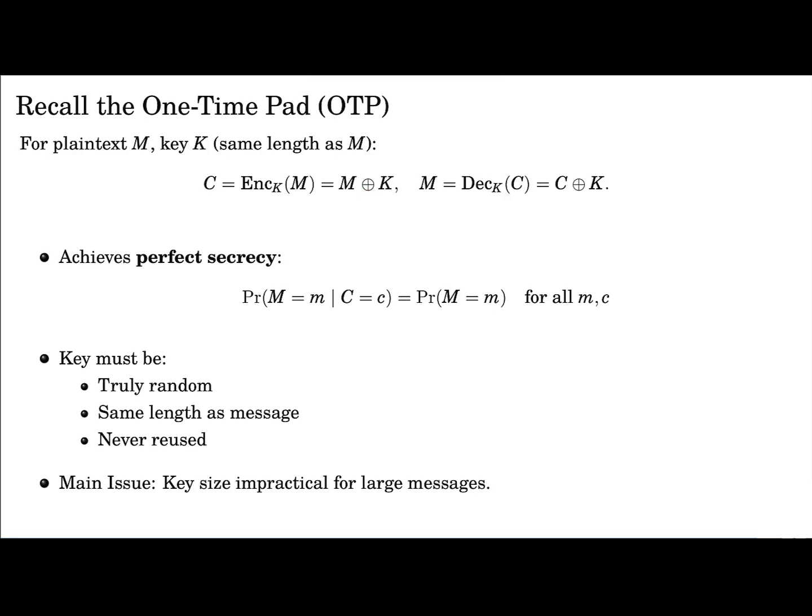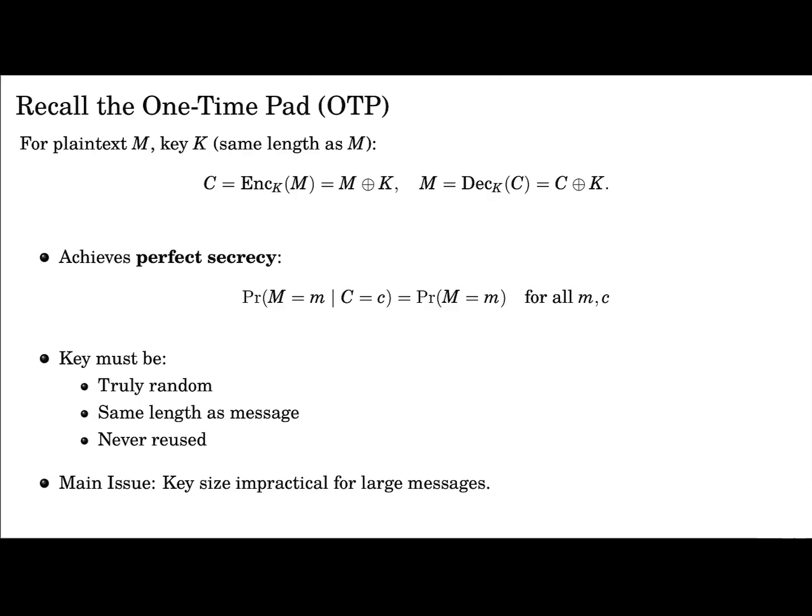So this is how the one-time pad scheme works. The way you encrypt the message with a key K is you just XOR it with the key. And the way that you decrypt is also very simple. You just XOR the ciphertext with the key again, because when you XOR a key with itself, it cancels out, so you end up with the decryption.